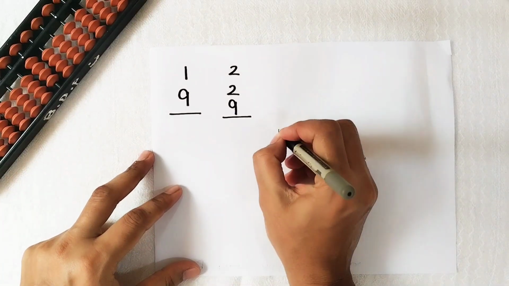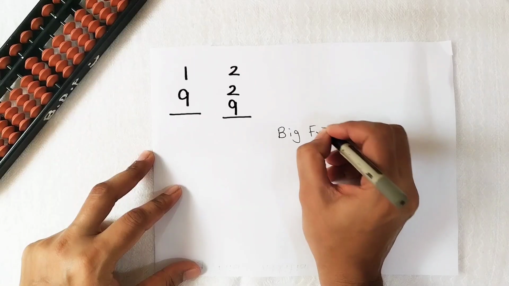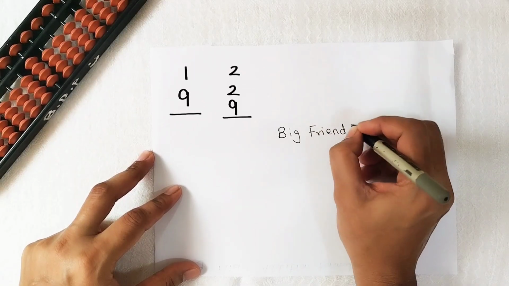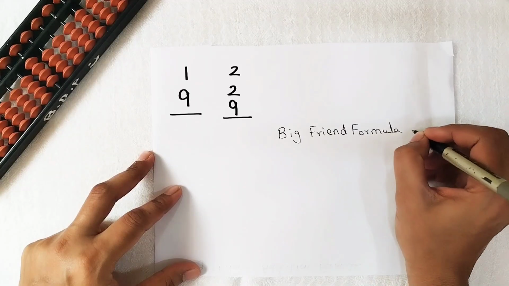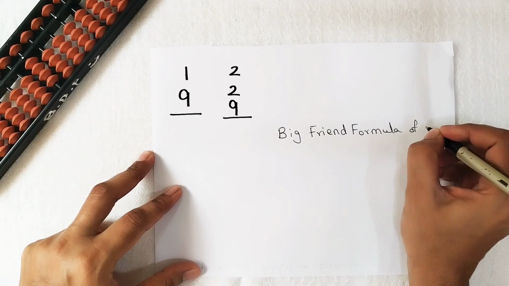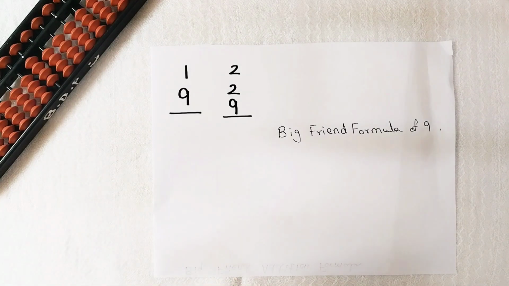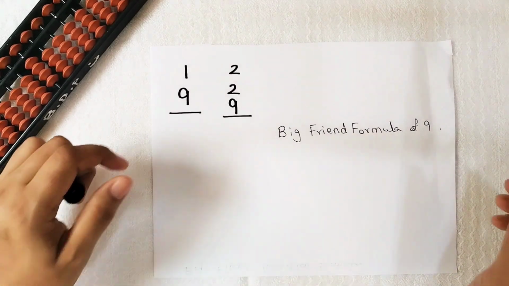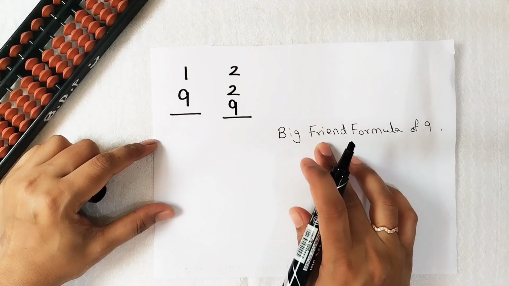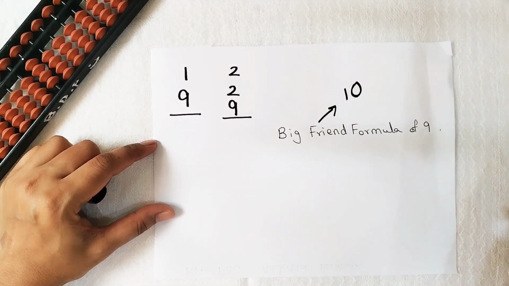We are learning about the big friend formula of 9. Okay. As we know, the big friend, the boss number is 10.